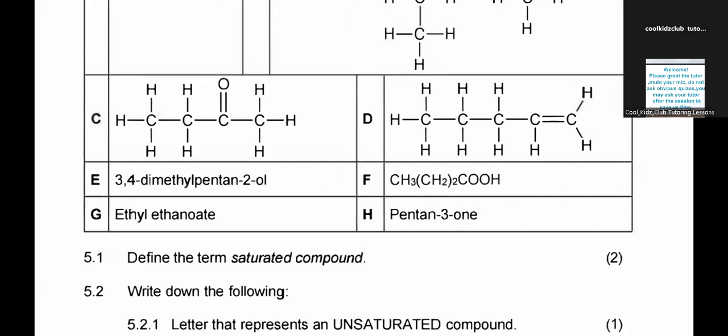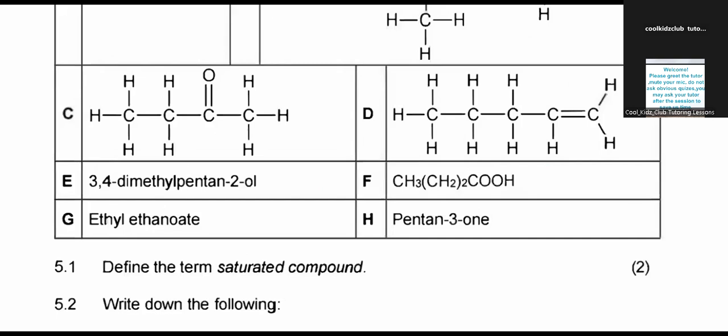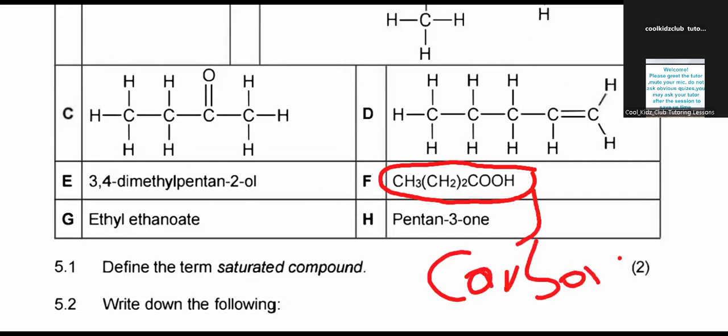If you look at F, you will see that this is under carboxylic acid. How do I know? Well, I know because the molecular formula of carboxylic acid ends with COOH. Remember, you must cover that lesson.